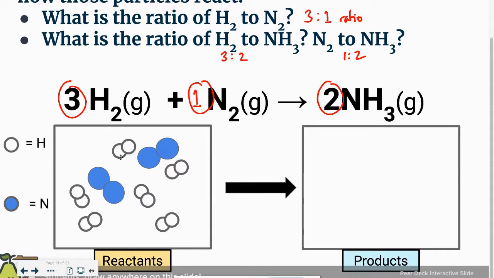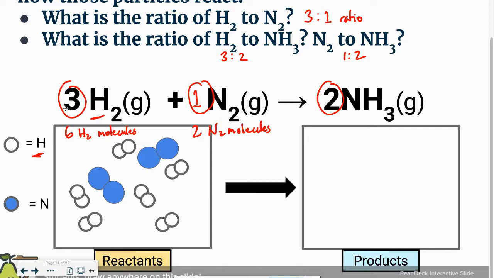So looking here, I'm going to count my particles. First, I'm going to find my H2. I see that this represents H, so I have 1, 2, 3, 4, 5, 6. Okay, so I have 6 H2 molecules plus I have 1, 2 N2 molecules.